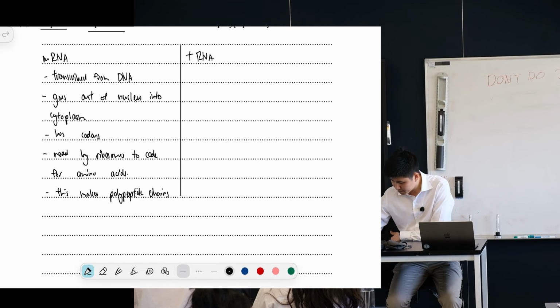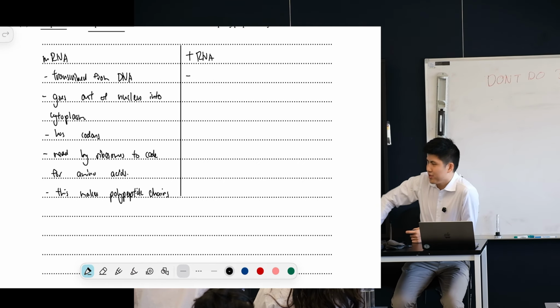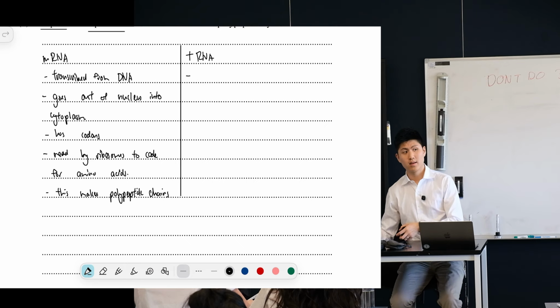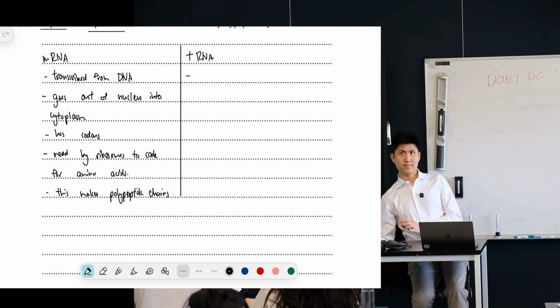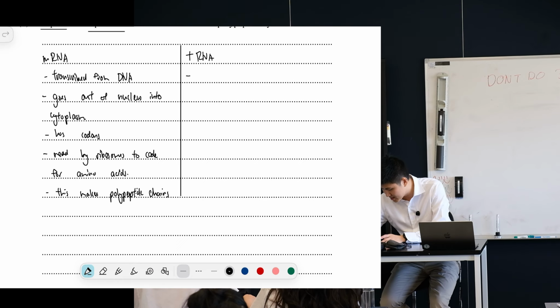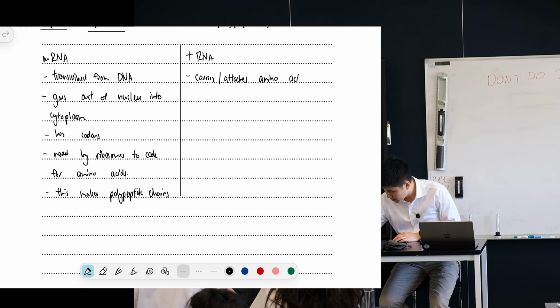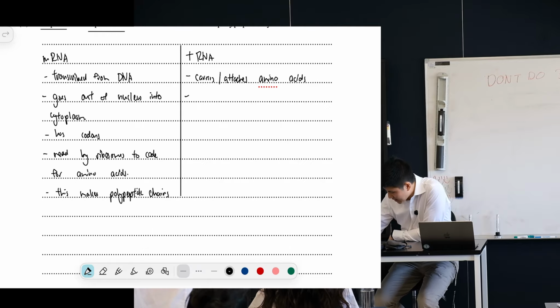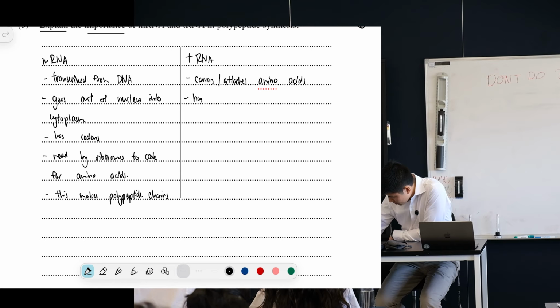All right, now, what's so good about tRNA? Why is it important? What do we need it for? What does tRNA have? Yes, Arya? It gets added and then gets the amino acids. Okay, yep, so tRNA carries and attaches amino acids. What's the complementary word to a codon? Anticodon. It has anticodons, which match to codons.